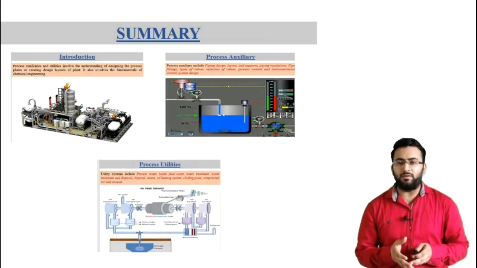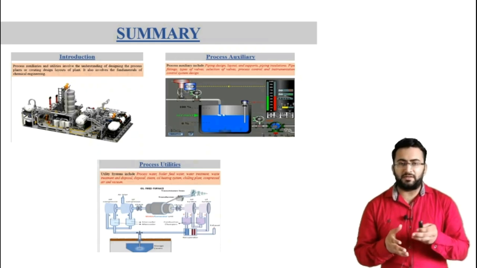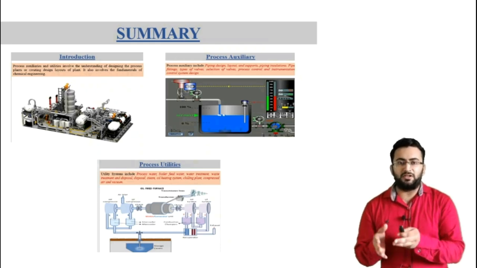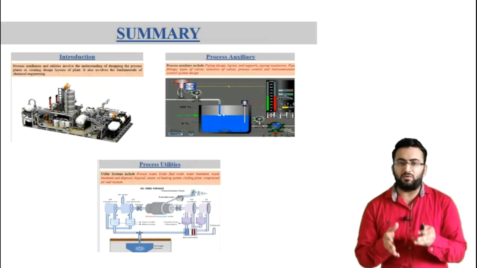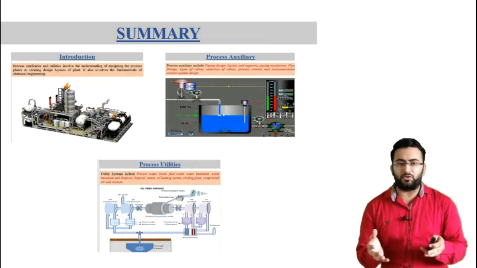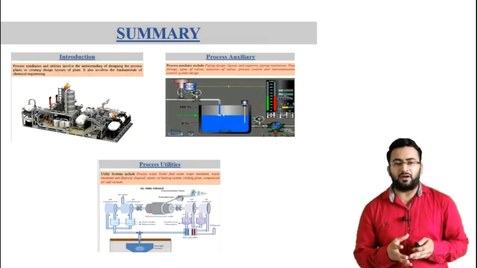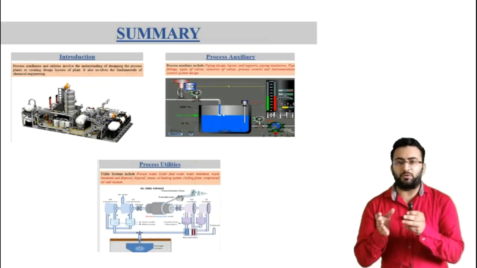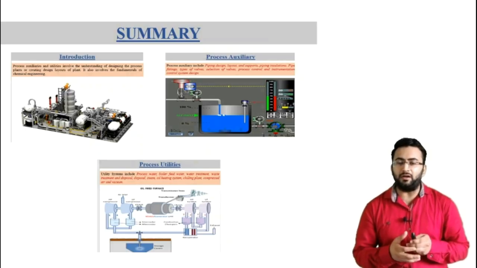Then we talked about the process utility. Various types of steam and heat generating systems such as oil system, cooling system, refrigeration system, wastewater treatment, boiler feed water, and process water are all basic requirements for any chemical plant. That's why they are considered as process utility for any chemical plant.